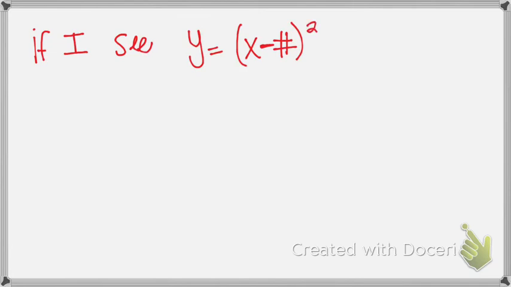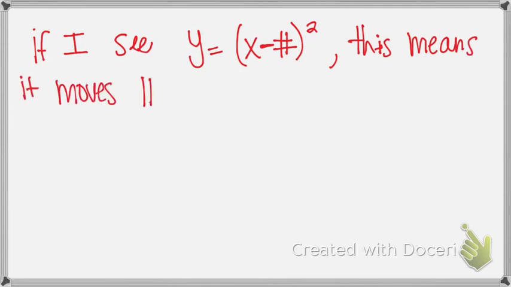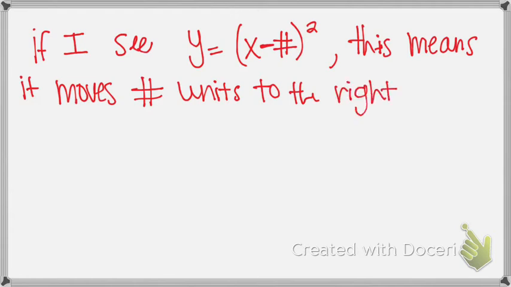If I see x minus a number, this means it moves that number of units to the right. So anytime you see x minus, you know it goes to the right.